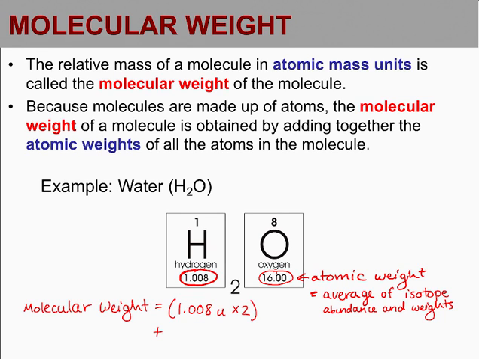And then we're going to add the atomic weight of oxygen. So the value that we should get is 18.016 atomic mass units.